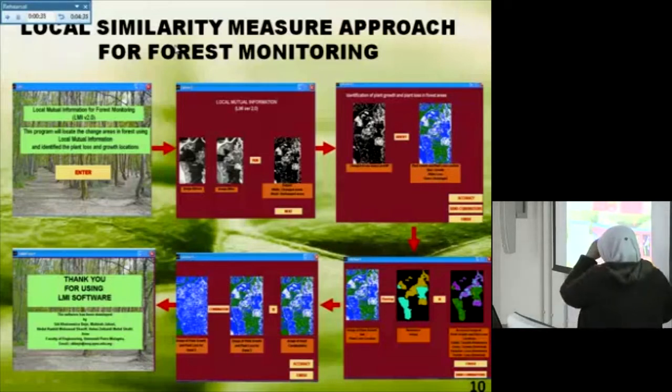Normally this has been used in our forest in Matang forestry to detect whether the mangrove area has been cut or not.